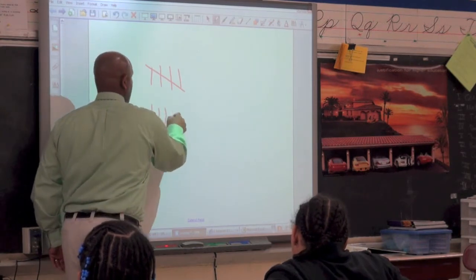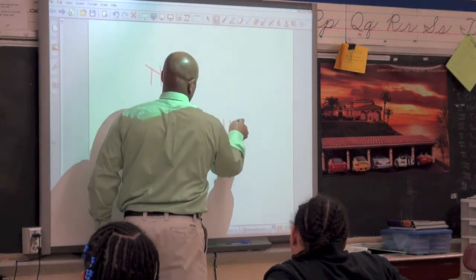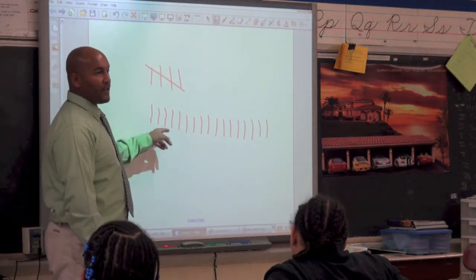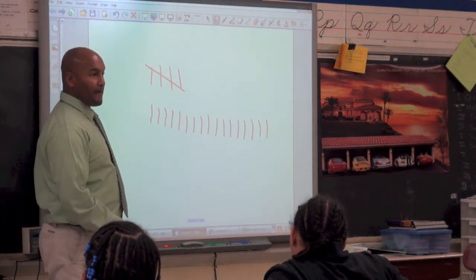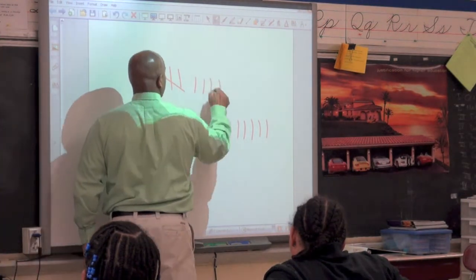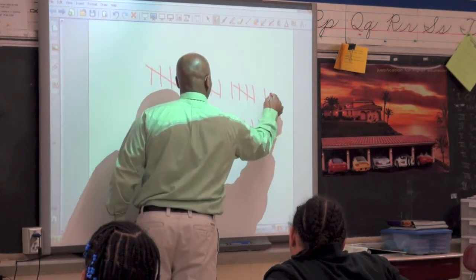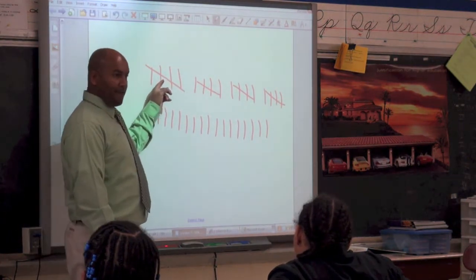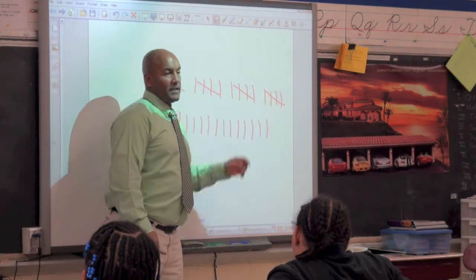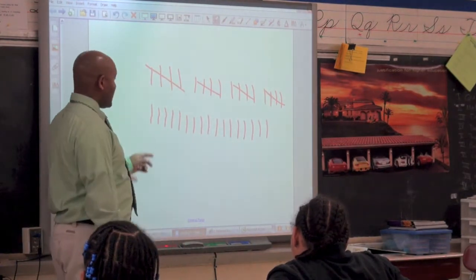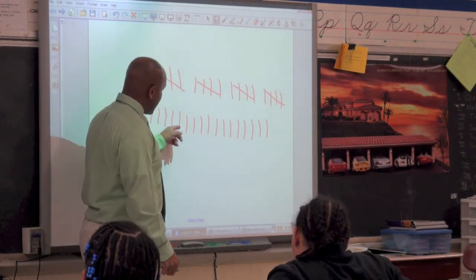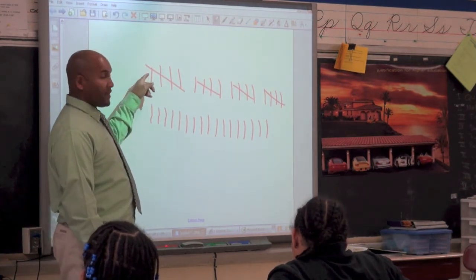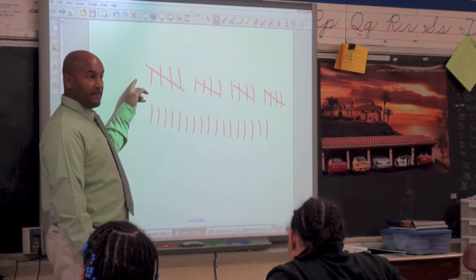Because if I keep doing this, when I have to count them, I have to count every single one of them. But if I do this, it's quicker for me to count in fives, 5, 10, 15, 20, than it is for me to go 1, 2, 3, 4, 5, 6. So these are called tally marks, and we group them in groups of 5. Understand? Okay.